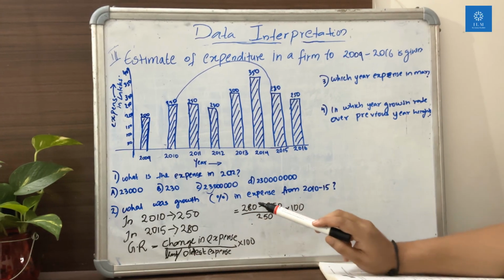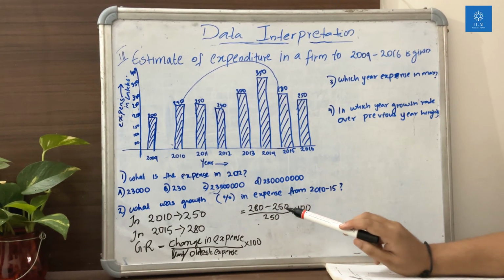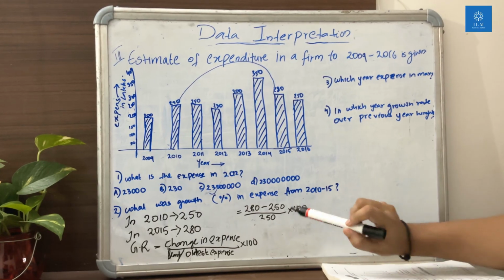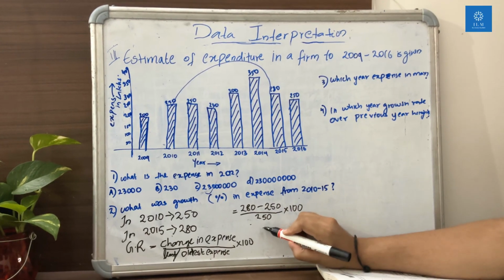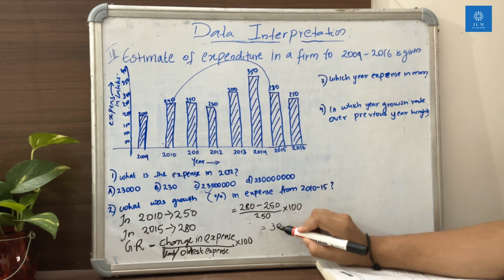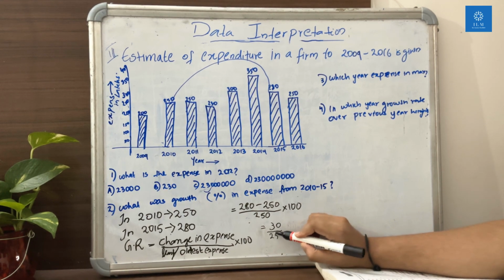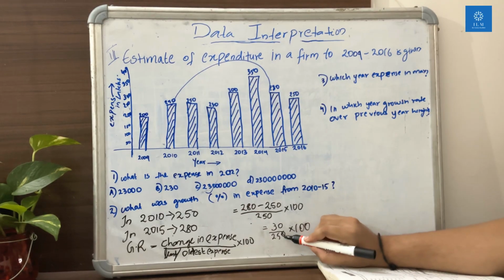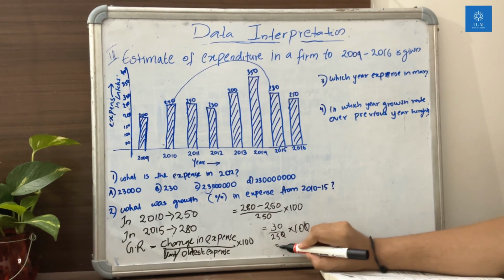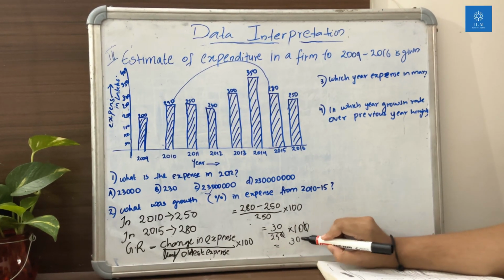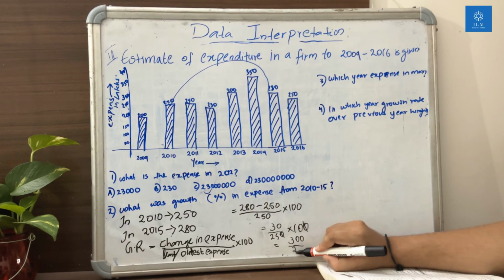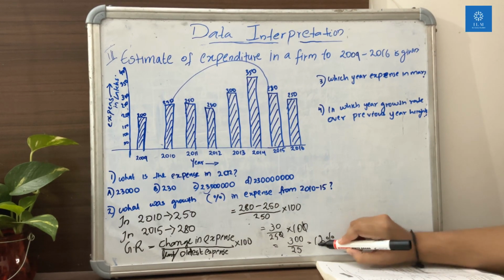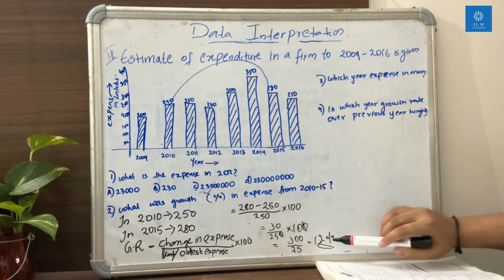So that will be 280 minus 250 by the least is 250 into 100, right? So 280 minus 250, that will be 30 by 250 into 100, right? So we can just do a simple multiplication. That will be 300 by 25, which is equal to 12 percentage. Right? So this will be 12 percentage.